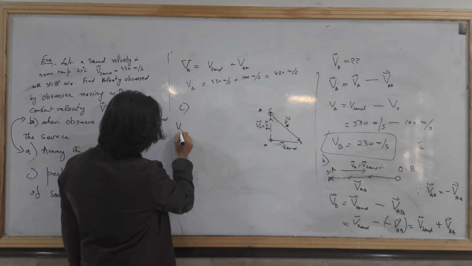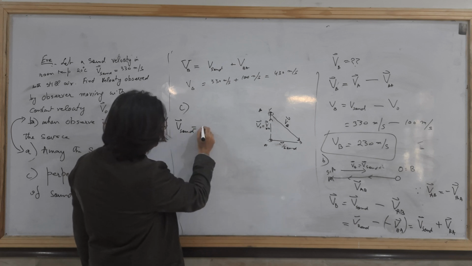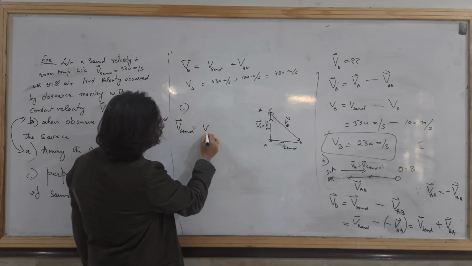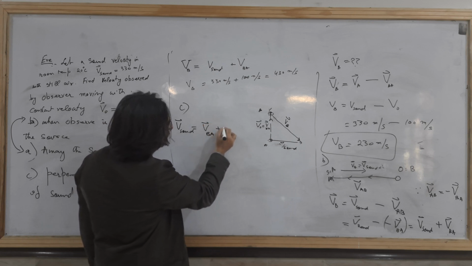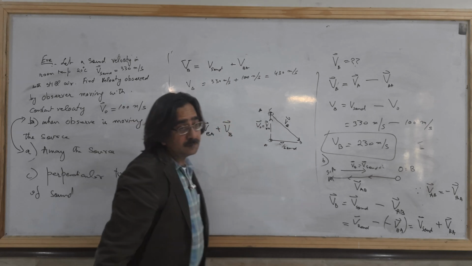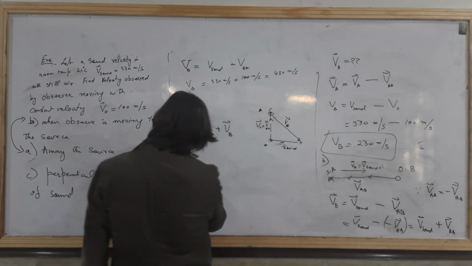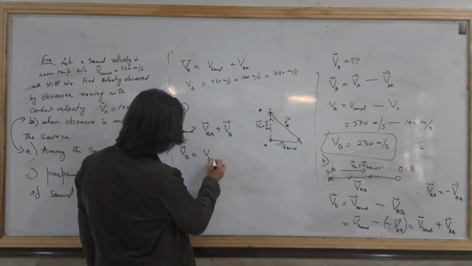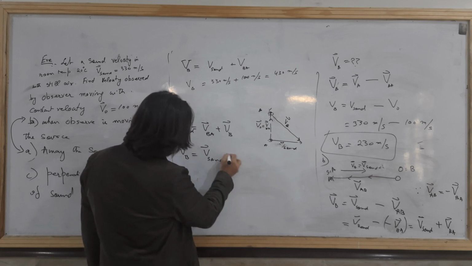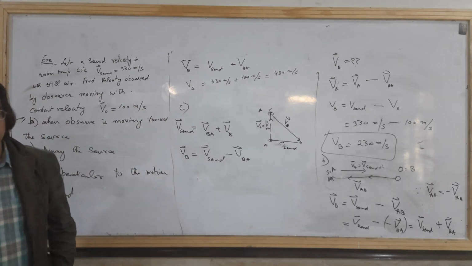So V sound will be VBA plus VB, and we have to find VB. So VB is equal to V sound minus VBA.